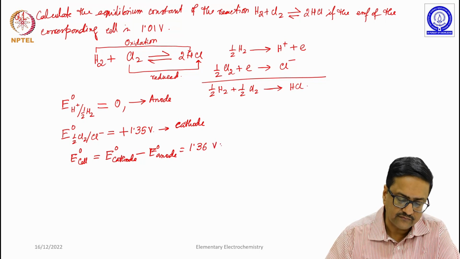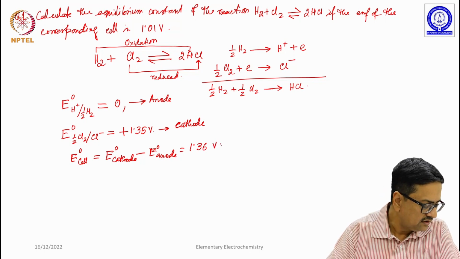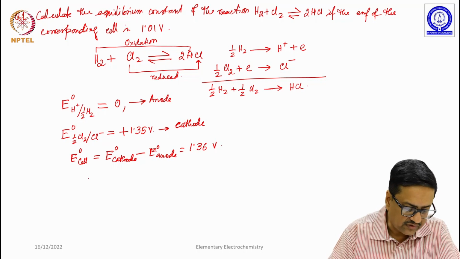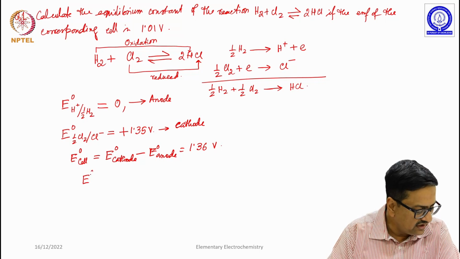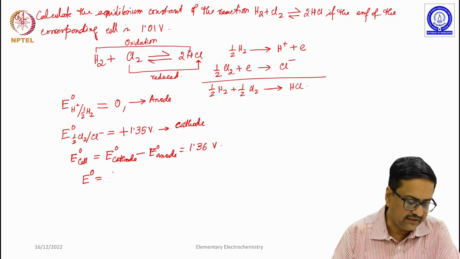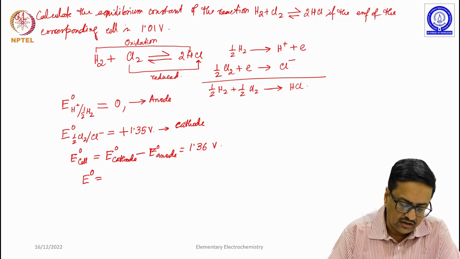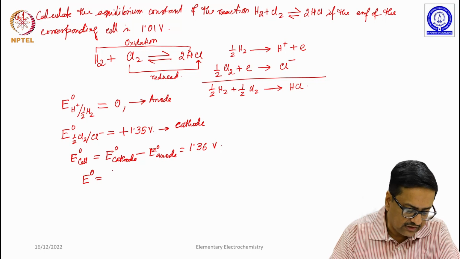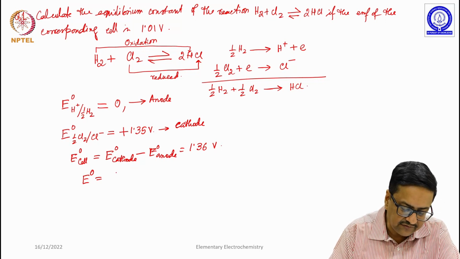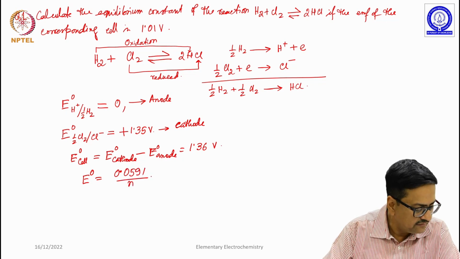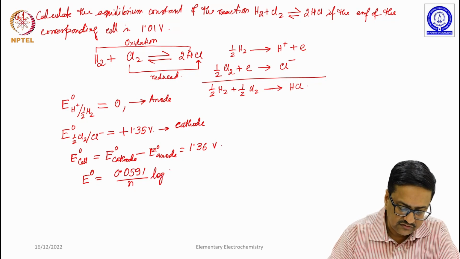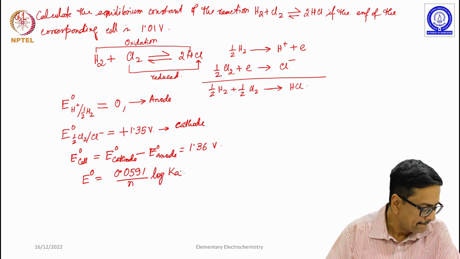which is equal to 1.36 volt, right. So, now from our previous class, the Nernst equation, E0 is equal to RT by NF log Ka, and when we use T equal to 298 Kelvin, this constant turns out to be 0.0591 by N log Ka, right.